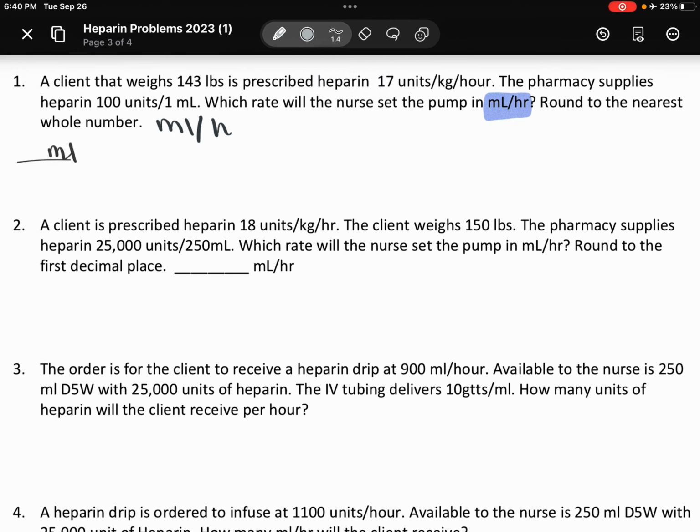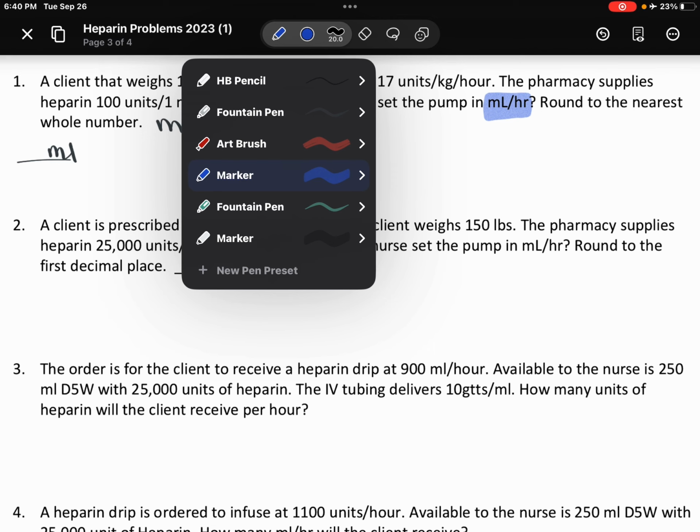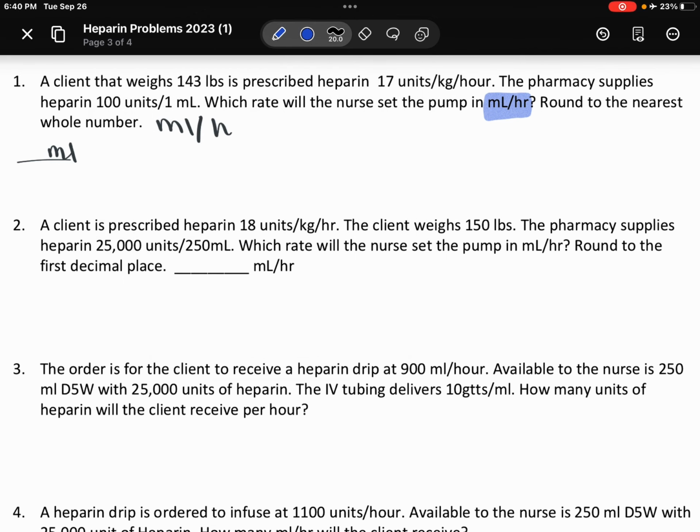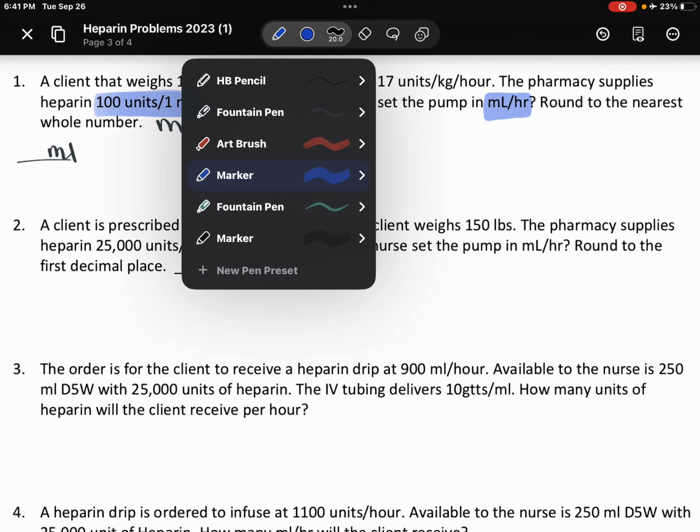So where in my problem do I have milliliters? Well, I've got 100 units per 1 milliliter here. That's what the pharmacy supplies, so that's what I have on hand. I have on hand 100 units per milliliter, so that is what's going to be in my vial.